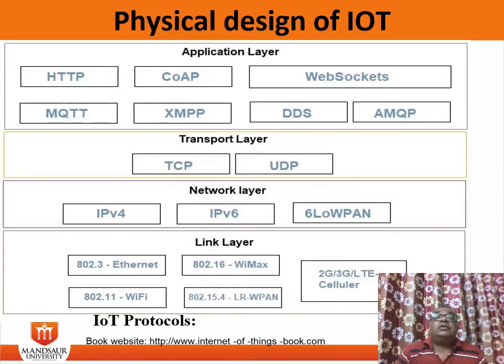Another is 802.15.4 LRWPAN, a collection of standards for low rate wireless personal area network, LRWPAN.